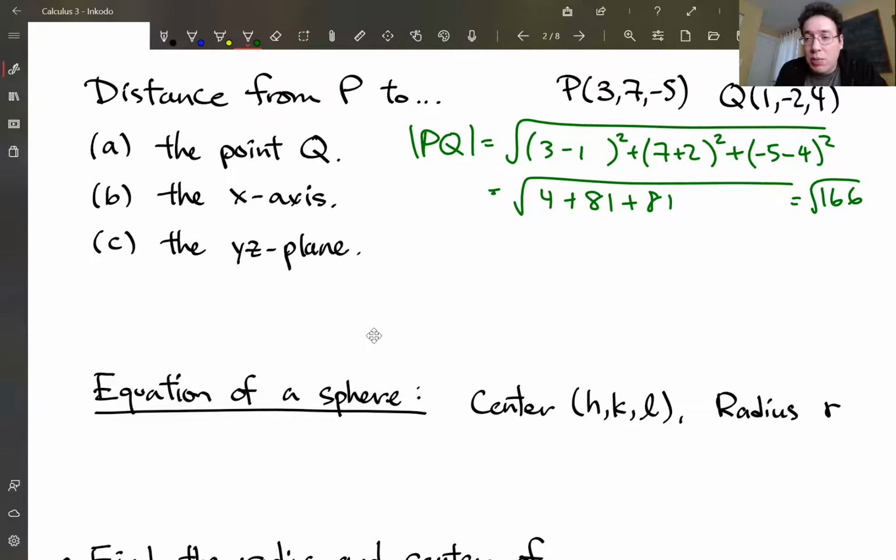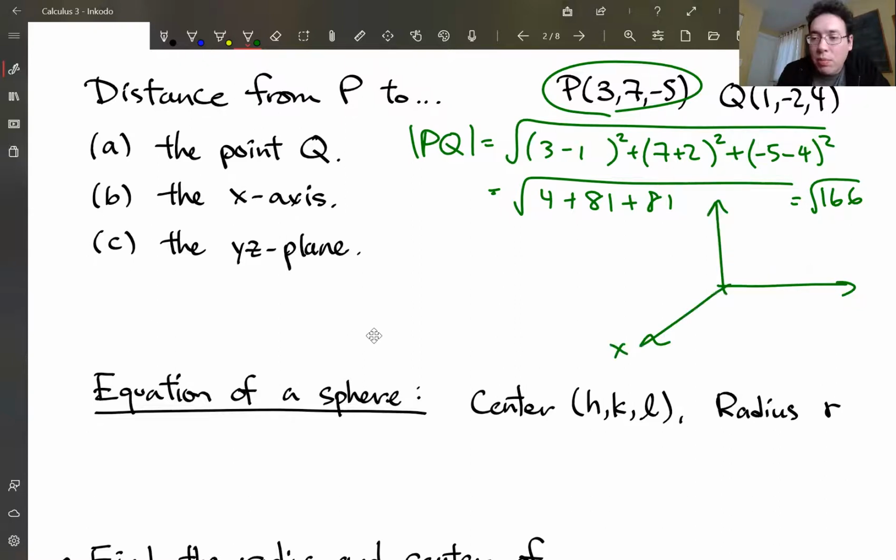So what's the distance between the point P and the x-axis? So how do we compute something like this? The thing is that you could actually reduce this down to a two-dimensional problem.